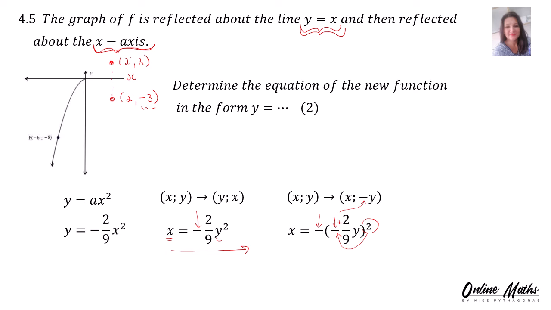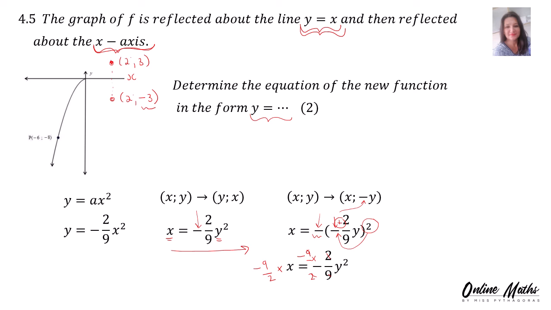And then you will say a minus times a plus is a minus. So we end with x equals -2/9 y squared, but we're not there yet because they want it in the form y equals.